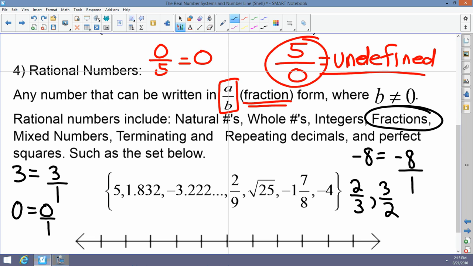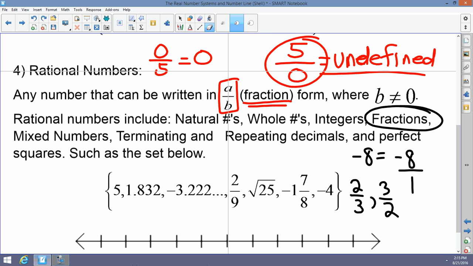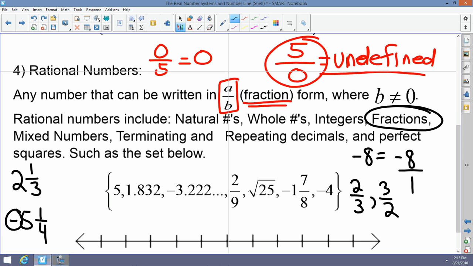Mixed numbers are also rational numbers because mixed numbers can be converted into an improper fraction. So 2 1/3, that's a rational number, okay? -5 1/4 is also a rational number. You may say, wait, but there's a negative. Yeah, that's fine. You can have negative fractions as a rational number.